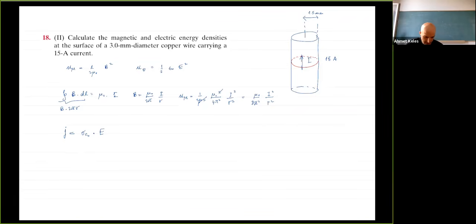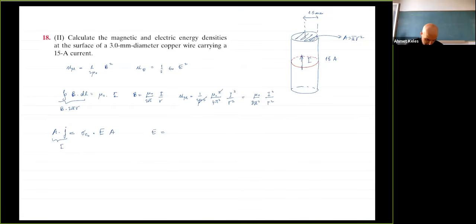Okay, I can delete this. So I multiply both sides with A, and A is this cross section, A is equal to pi R squared. This side is I, then I can solve it for electric field.